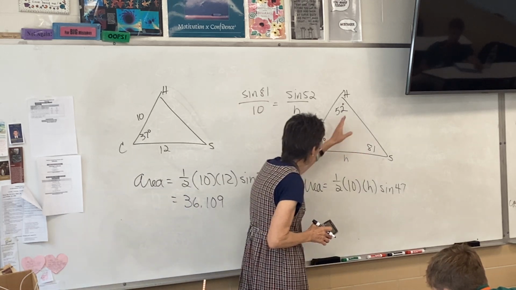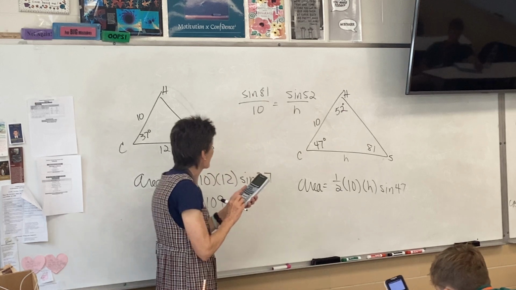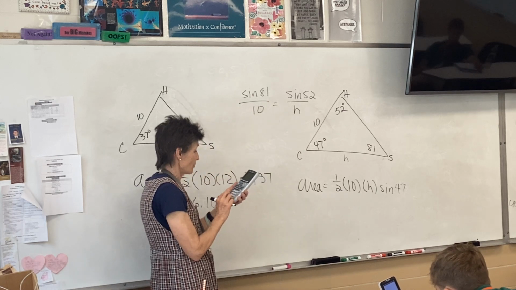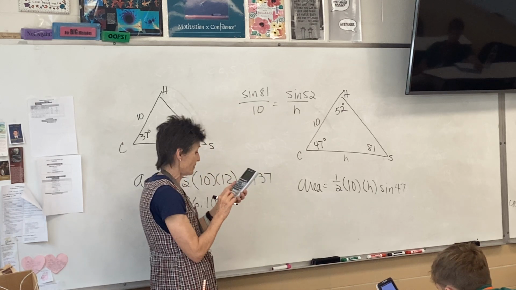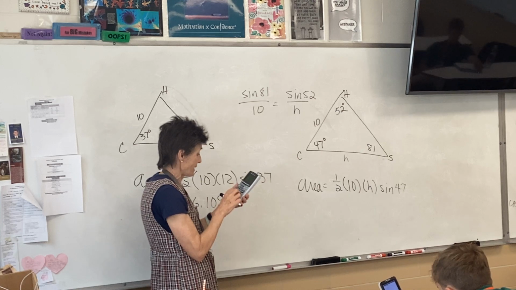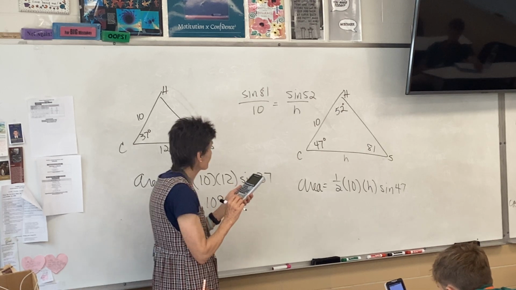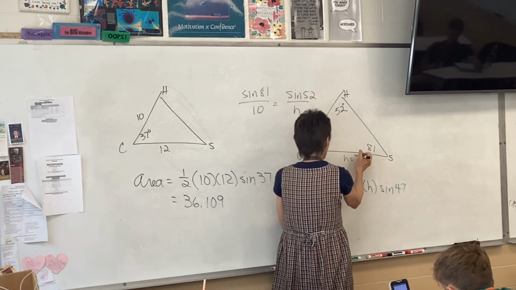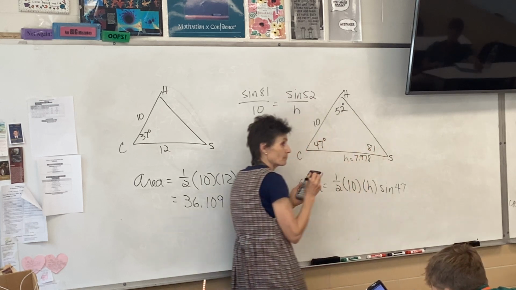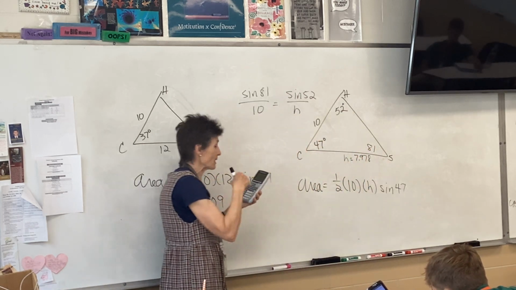Sine 81 over 10, sine 52 over H. So 10 sine 52 divided by sine 81. Did you get 7.978? But remember, that isn't our answer.